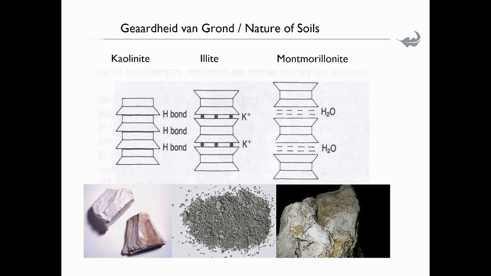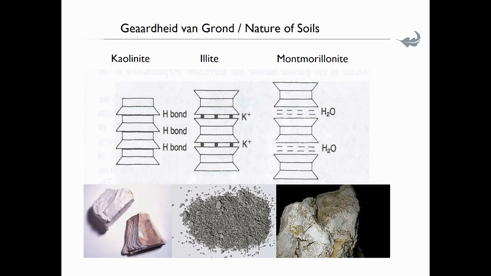These are the three main types of clay that we get, and we've seen this in engineering geology, but let's look at it again. The kaolinite on the left-hand side: one gibbsite layer and one silica sheet held together by hydrogen bonds. Then the illite is one sheet gibbsite with two sheets silica on both sides, and they have a potassium ion bonding which is relatively weak.